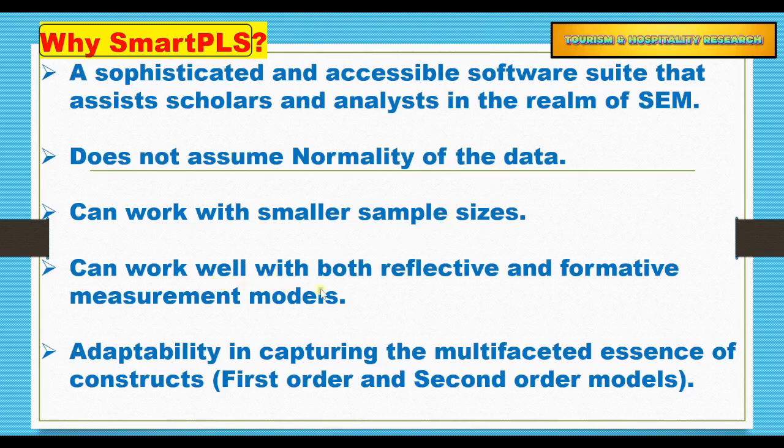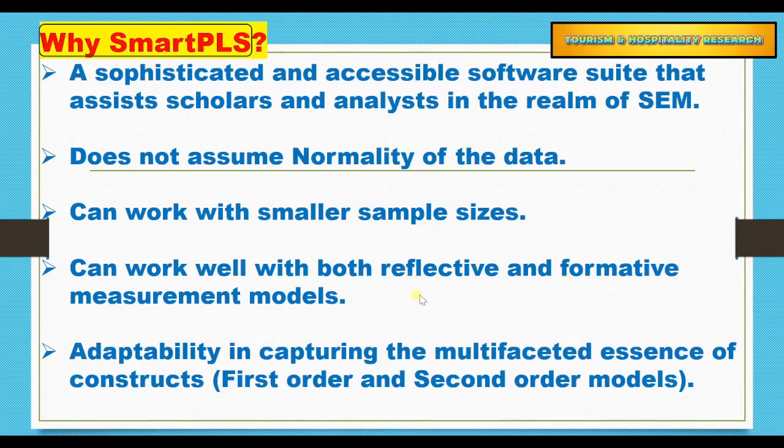It can work well with both reflective and formative measurement models. You can go back to the playlist and watch my video on the difference between reflective and formative indicators or reflective and formative measurement models.